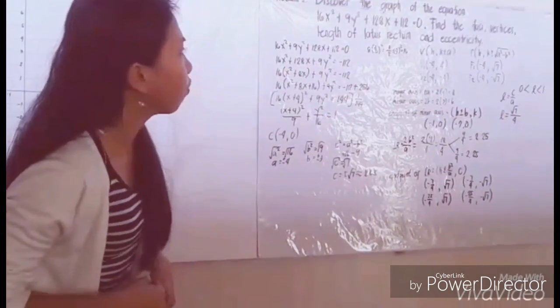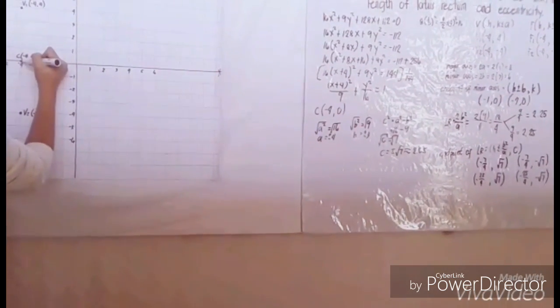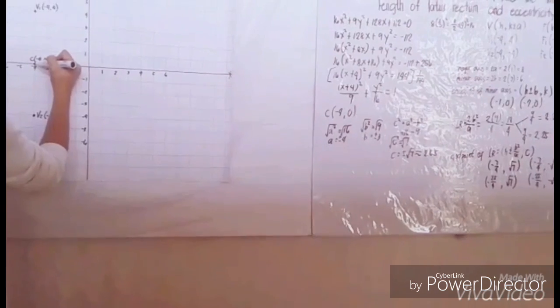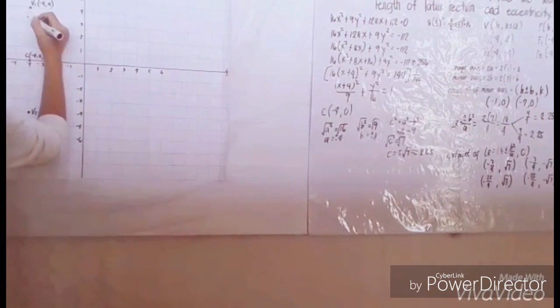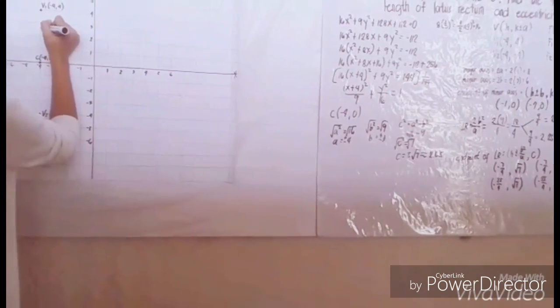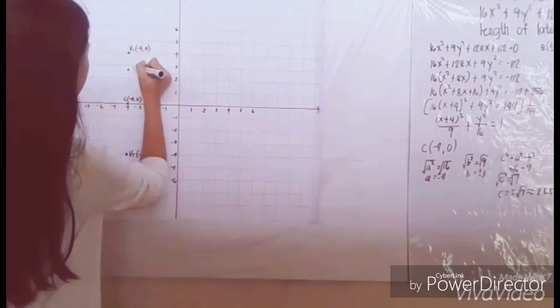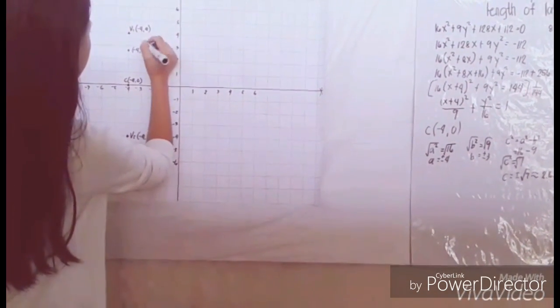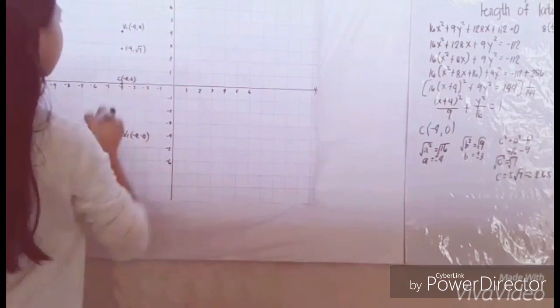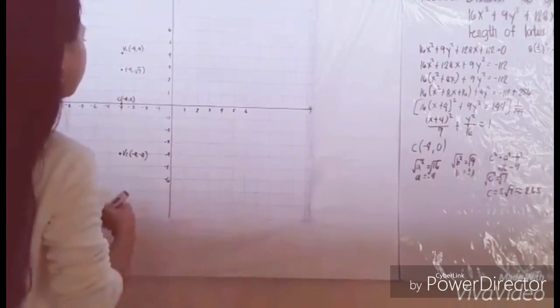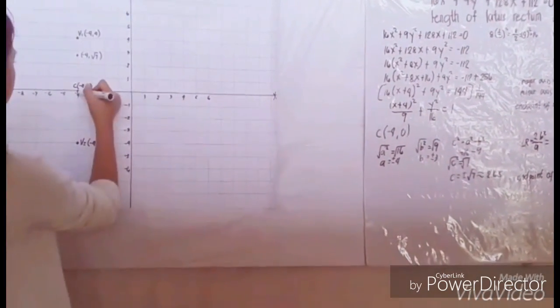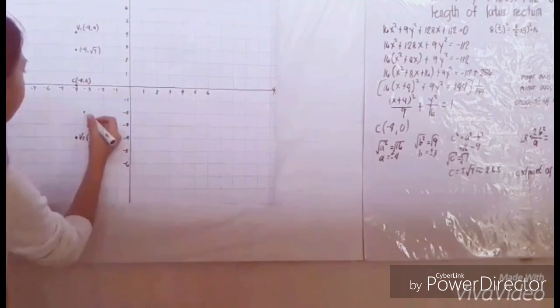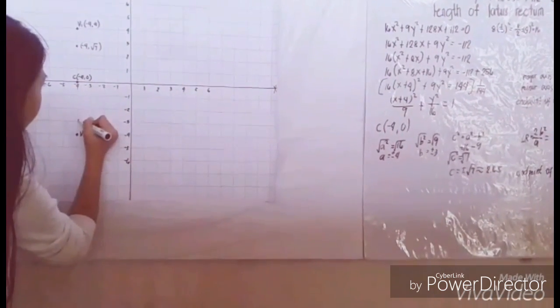Our foci: focus 1 is negative 4, square root of 7, and square root of 7 is 2.65. Focus 2 is negative 4, negative square root of 7, so negative 4, negative 2.65.